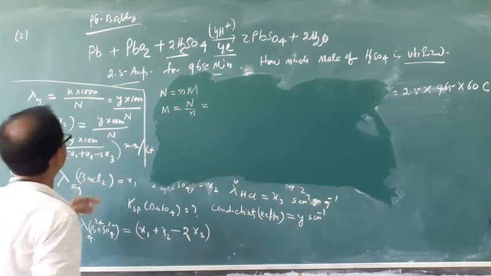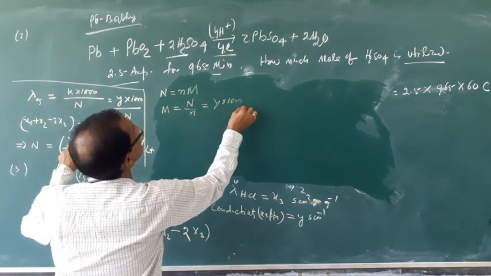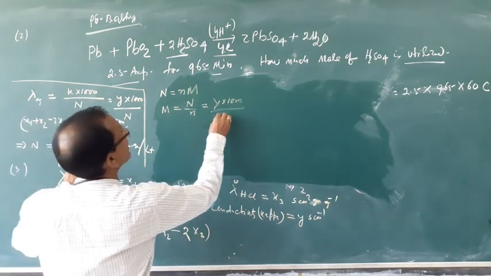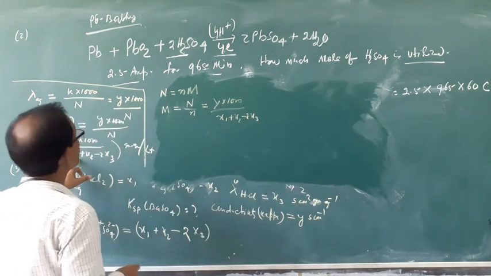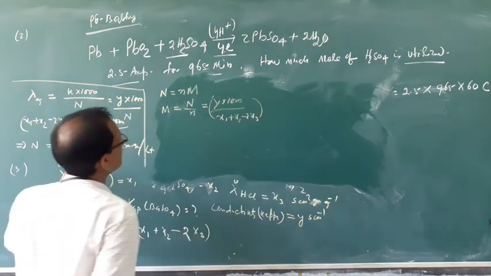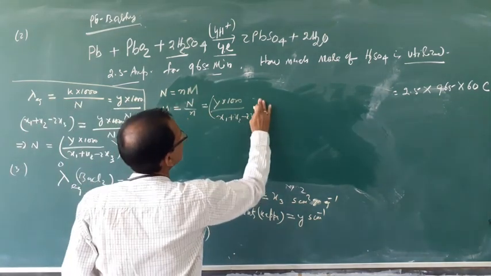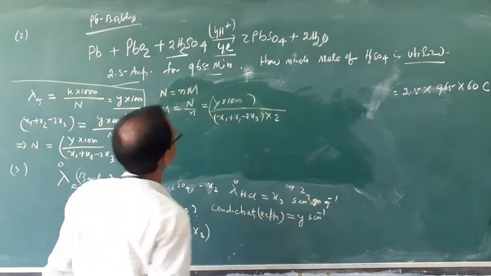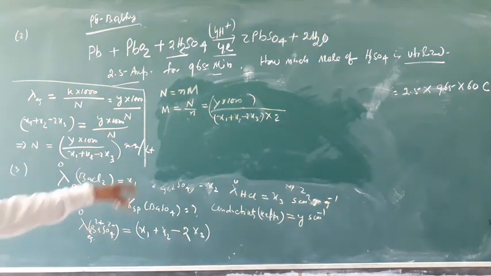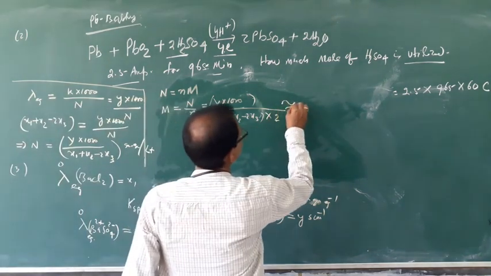Here normality is y into 1000 upon x1 plus x2 minus 2x3. By n means by 2, because the valency of barium sulfate is 2. So this is the molarity. Molarity means this is the solubility.